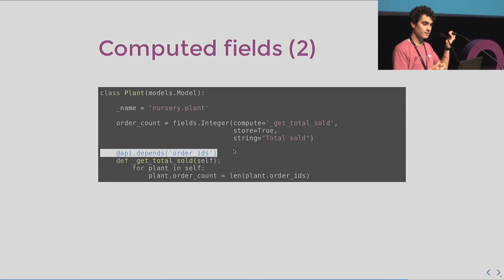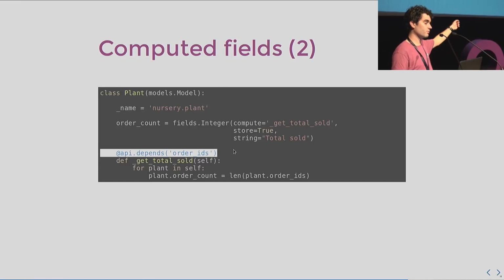In this case, I specify order IDs because my order count field is computed based on the order IDs field. This means that as long as the content of the field order IDs does not change, my method will not be retriggered. It will keep the value.